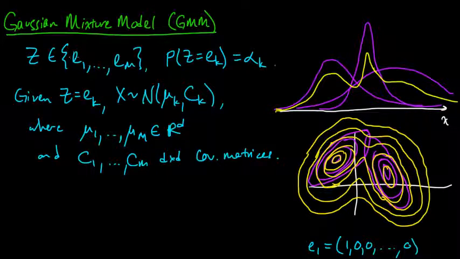So to each value of z there corresponds a mean and covariance for one of these Gaussians. This z is a latent variable in this model.